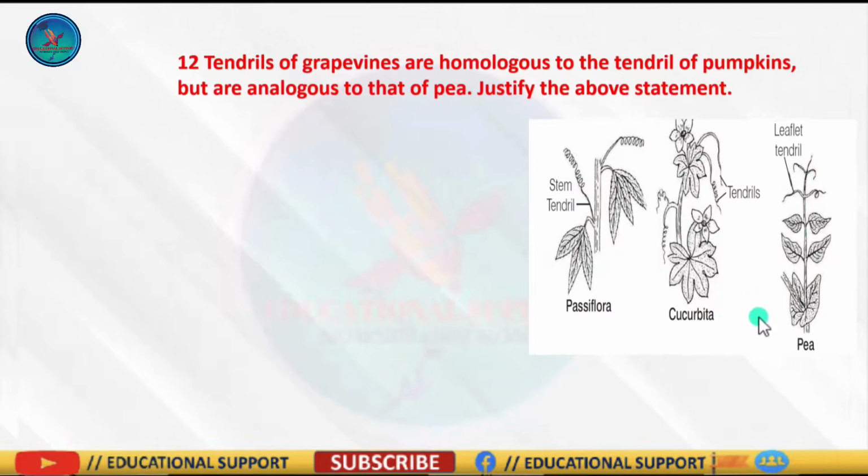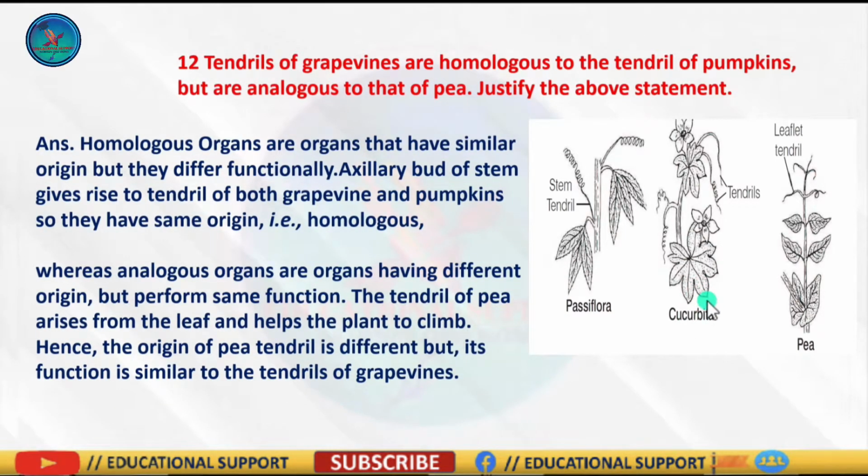Homologous structures have the same origin, and analogous structures have different origin but similar function. Tendrils of grapevines are analogous to those of pea because grapevine tendrils are modifications of stem while pea tendrils are modifications of leaves. So both have different origin but perform the same function, that is support.